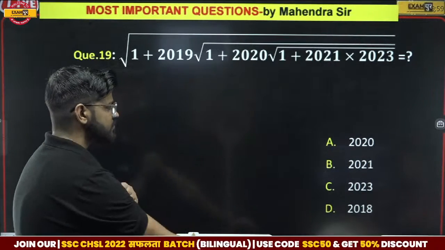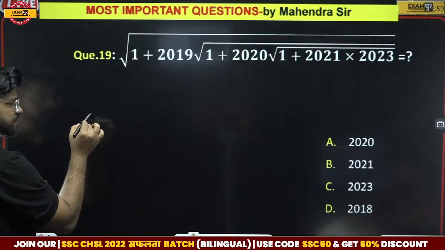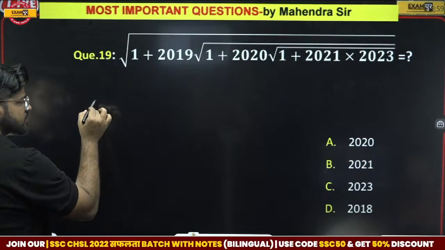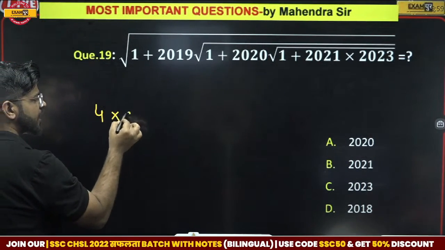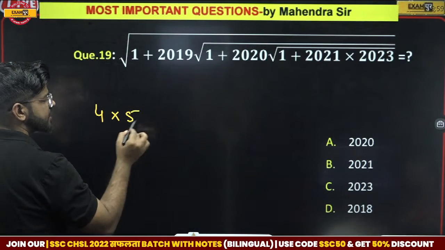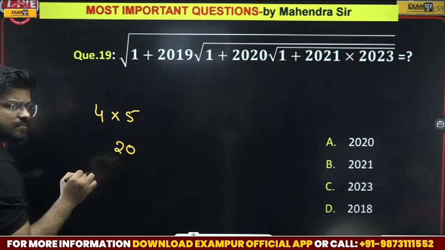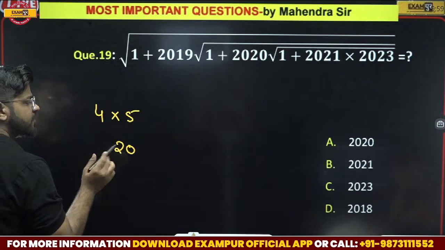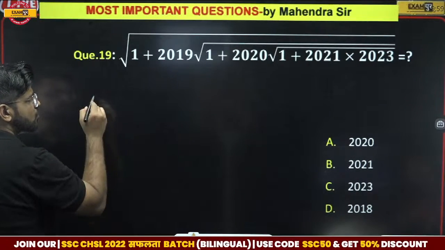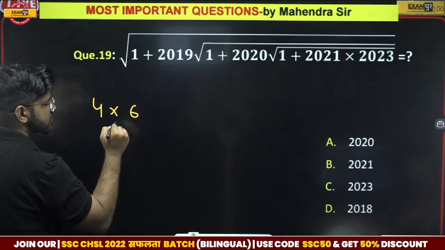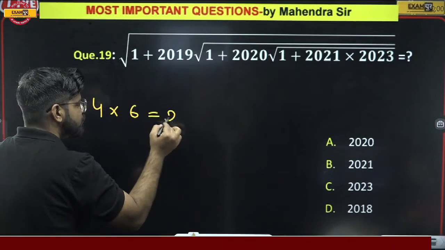Okay, let me tell you one concept. You know that 4 into 5 is 20. And if you multiply 4 into 6, you will get 24.